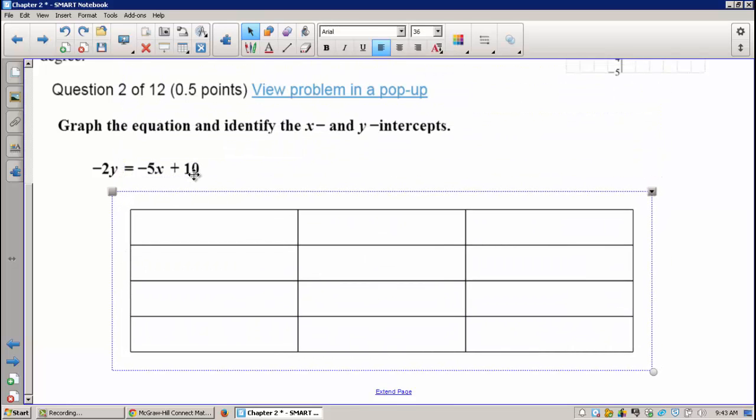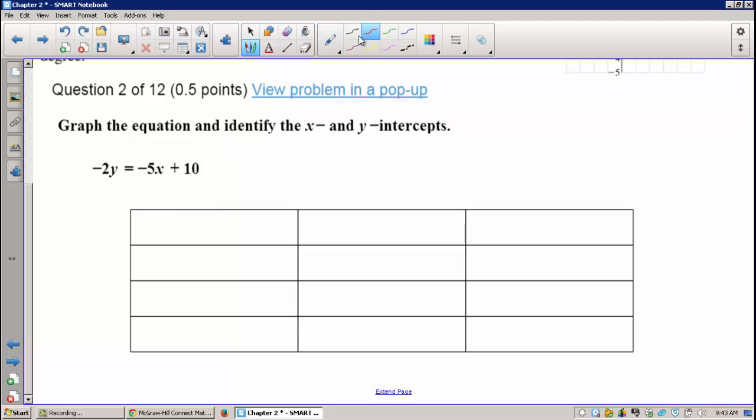Pull this down. The first column for x, and you pick this one.